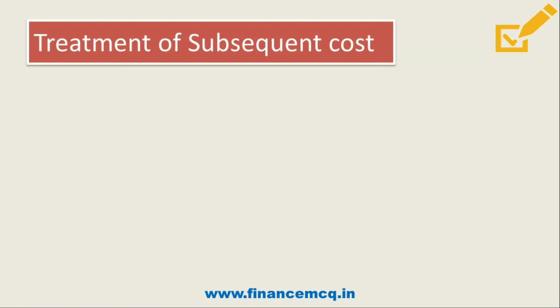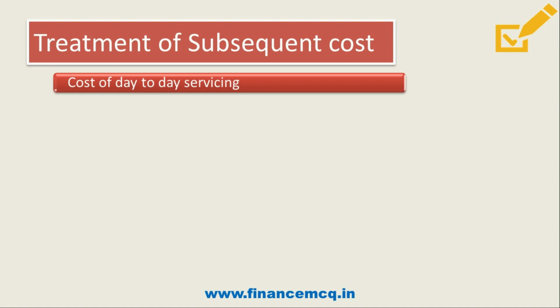Now friends, let's talk about treatment of subsequent cost, that is, once we purchase the asset and recognize it as property, plant and equipment, and we incur any subsequent cost on it, how will it be recorded or recognized in the books. First is cost of day-to-day servicing. Say for example, machinery, if it keeps running continuously, it requires regular servicing.